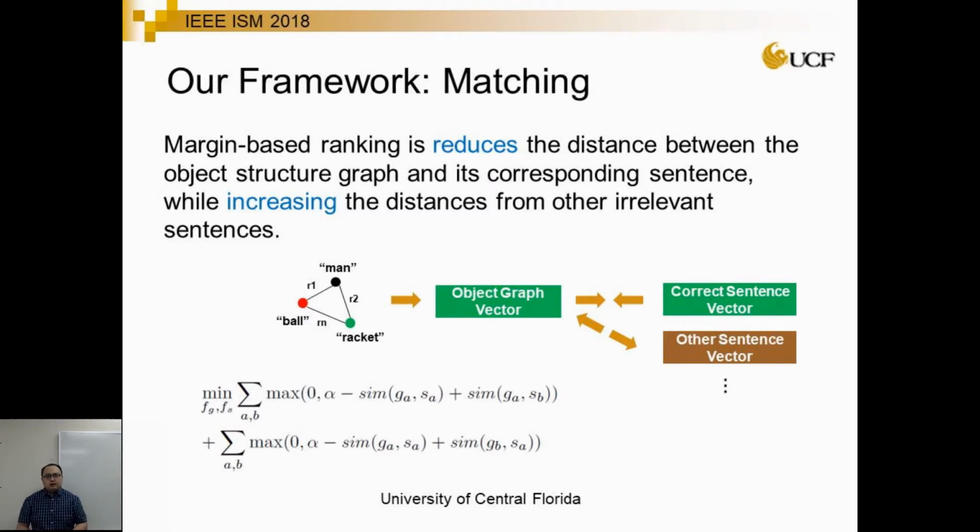So we implement ranking loss within the batch that contains only one correct pair, and all other pairs are incorrect. Here, in our formula, we can see that the model is trying to maximize the similarity between the correct pair, such as GA and SA, while minimizing the incorrect pairs, GA to SB and GB to SA.